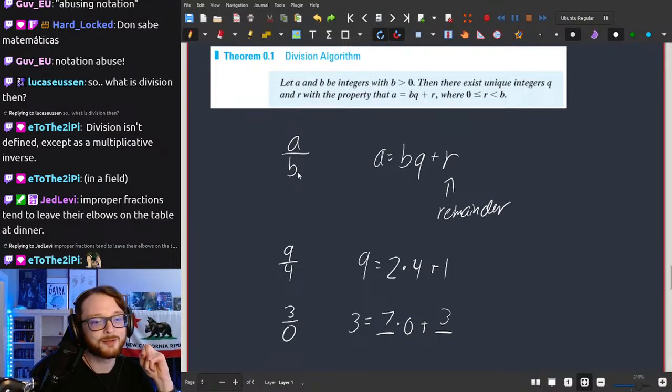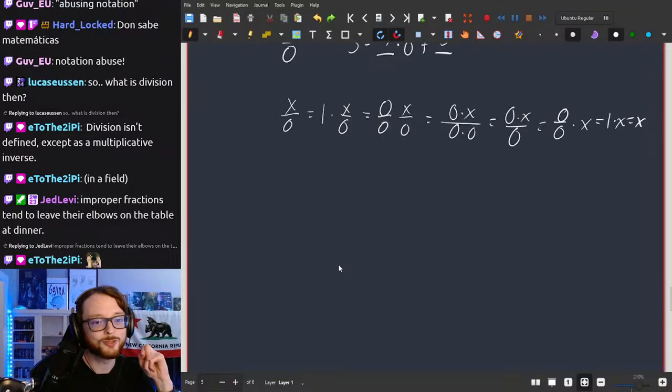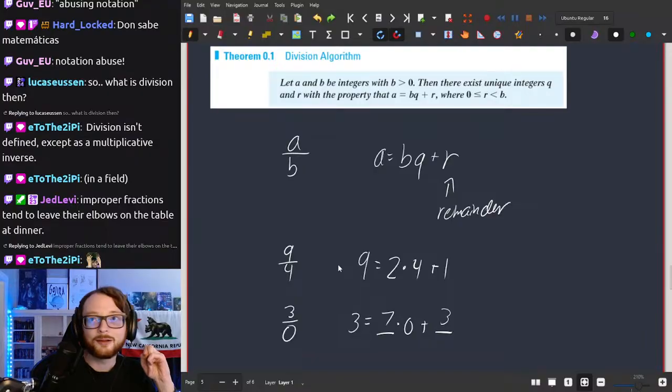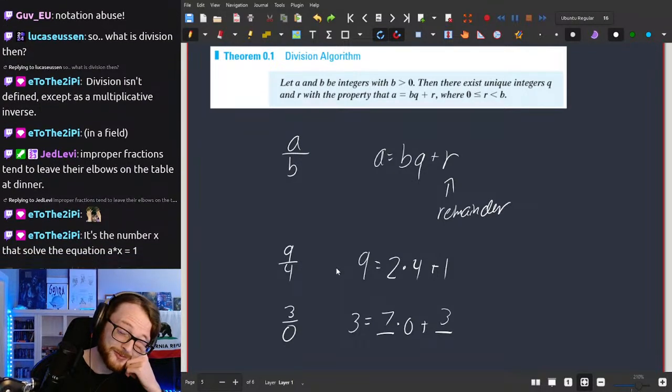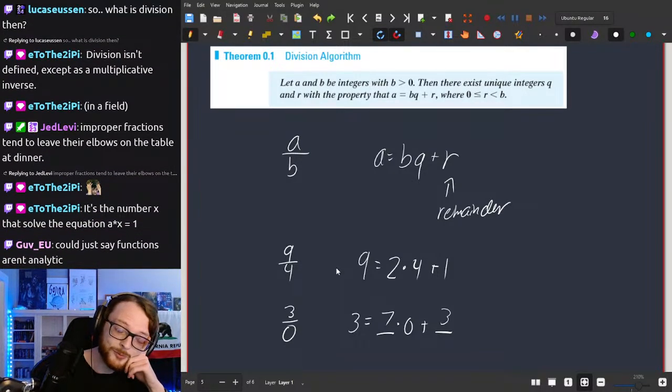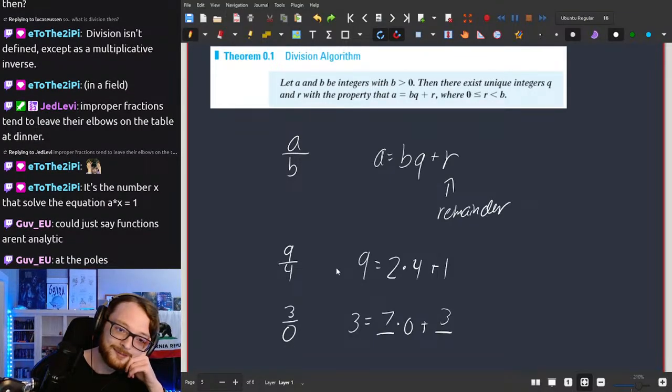Zach is saying the real definition of division, which is the inverse of multiplication. And what that means... this is getting really into the fundamental math that I haven't directly studied, so I'm trying to reach for how you build this up.